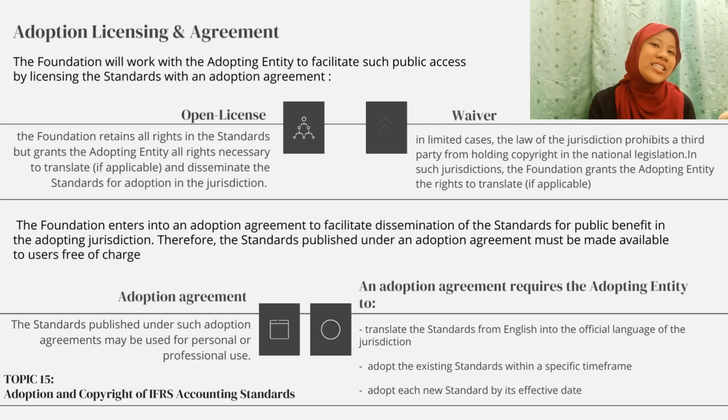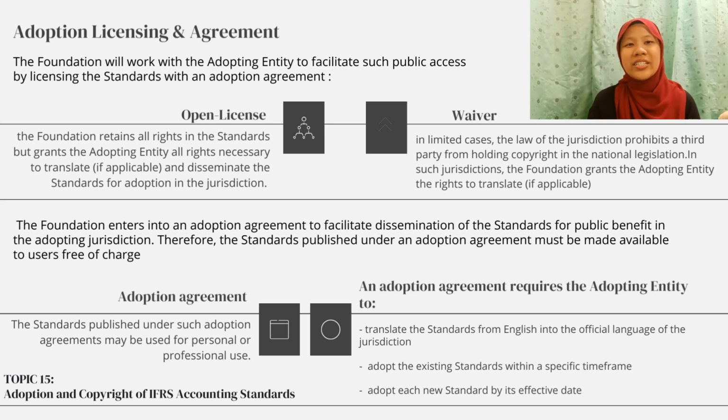So for open license, the foundation retains all rights in the standards but grants the adopting entity all rights necessary to translate, if applicable, and disseminate the standards for adoption in the jurisdiction. Next, for waiver, in limited cases, the law of the jurisdiction prohibits a third party from holding copyrights in the national legislation.